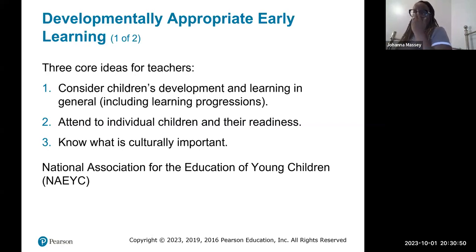Although we teach a lot of kids at one time, we're gonna have to look at their individuality and their readiness to count. And then know what is culturally important to those children. Bridging that culture with our children, so you'll know how to relate mathematics, counting, and those early number concepts with those children.